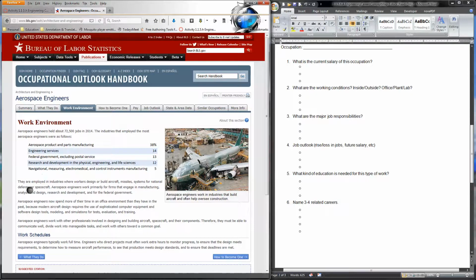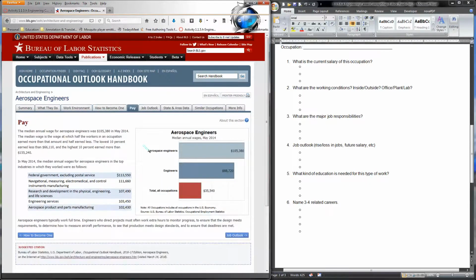We could also choose some other things it might talk about here in the paragraph. We want to pick 3 facts from our work environment. What kind of pay do they have? Usually in this first paragraph, it's going to talk about the median wage for that job, median meaning the middle pay.